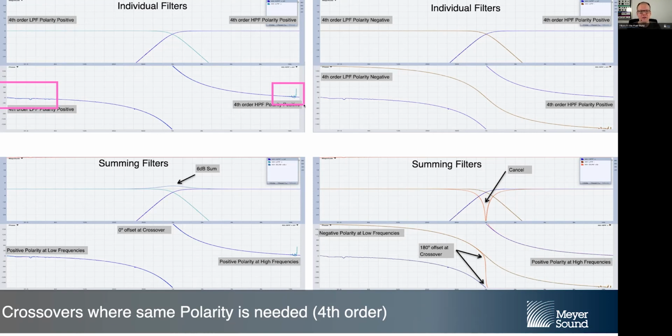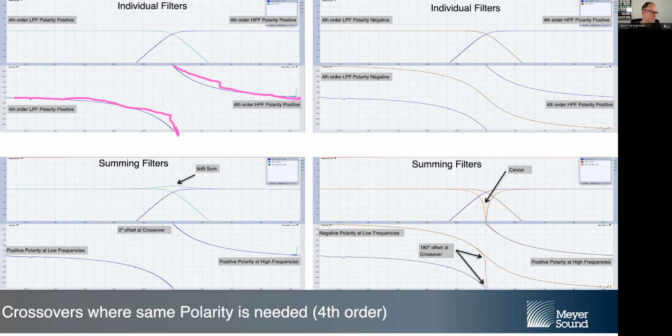So they're both in polarity, and no matter where you look, the phase traces are beautifully overlapping each other, living on top of each other perfectly. Everywhere you look, you see both pass bands in phase for all frequencies.